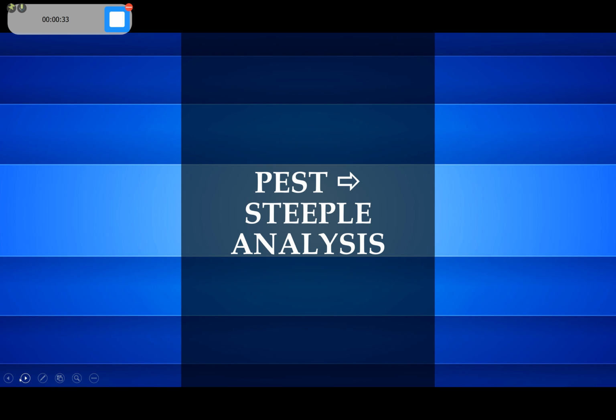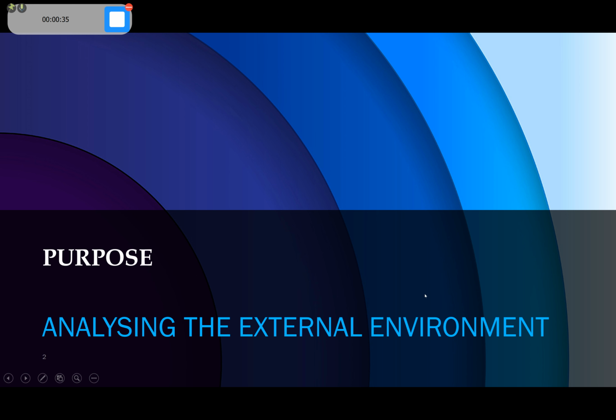So what is a pest analysis? First of all, the main purpose for carrying out a pestle steeple analysis would be that you are trying to analyse the external environment of your organisation. So you're looking to find out what's happening outside of the company or outside of the organisation, so that you can think about the things that might impact on the organisation and think about how, as an organisation, you might react.